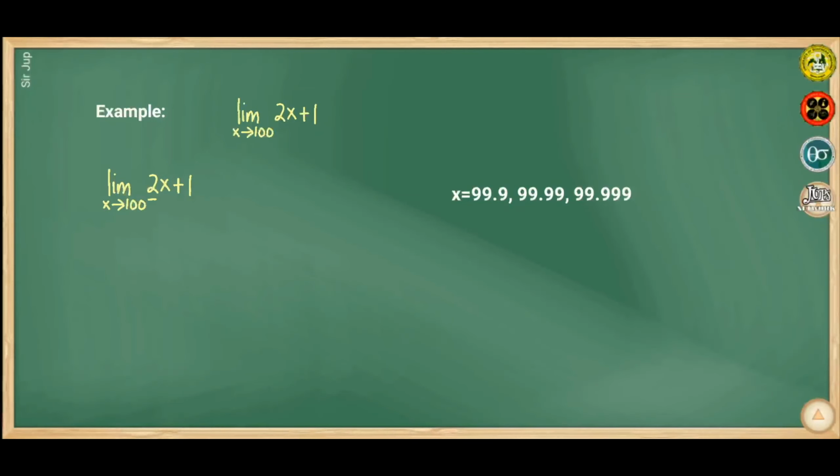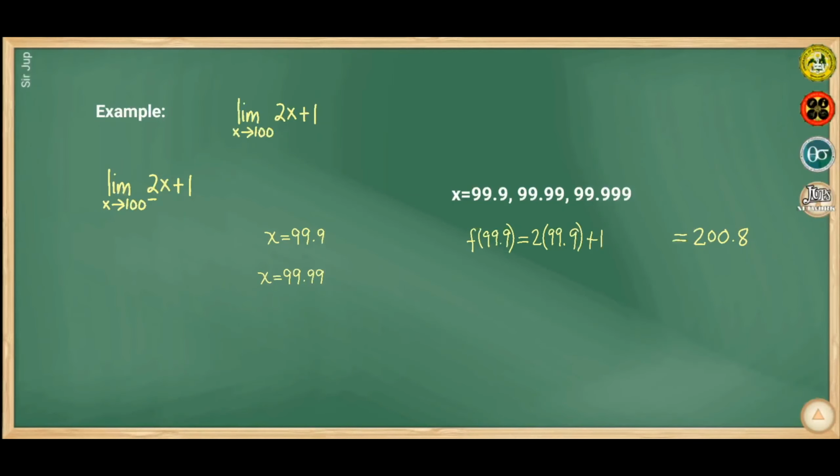99.9, 99.99, and 99.999. Kasi less than 100 sila at the same time close to 100 din. If x equals 99.9, f of 99.9 equals 2 times 99.9 plus 1 equals 200.8.